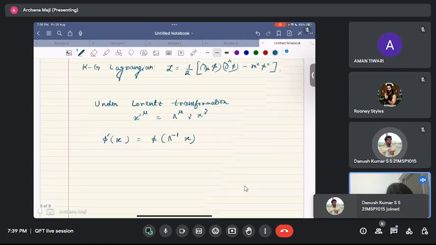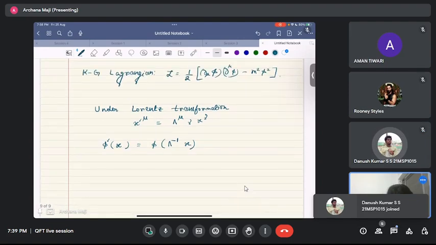So let's see how the mass term is getting modified under the Lorentz transformation.